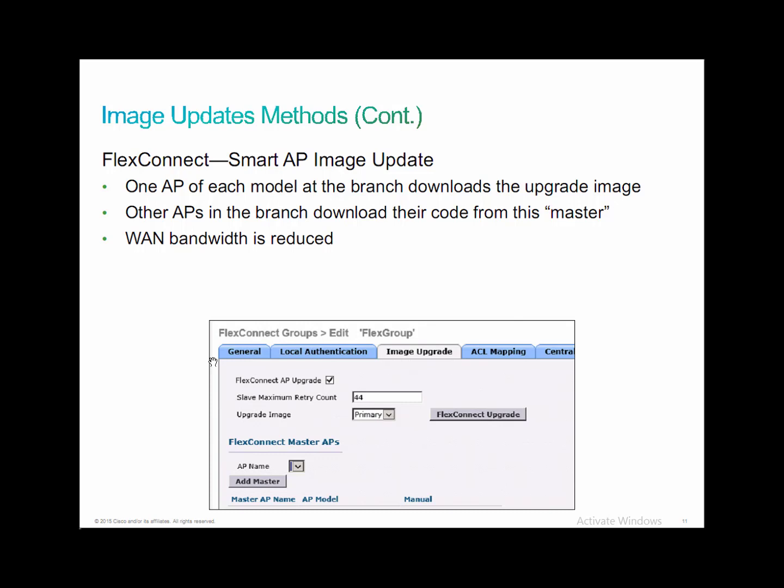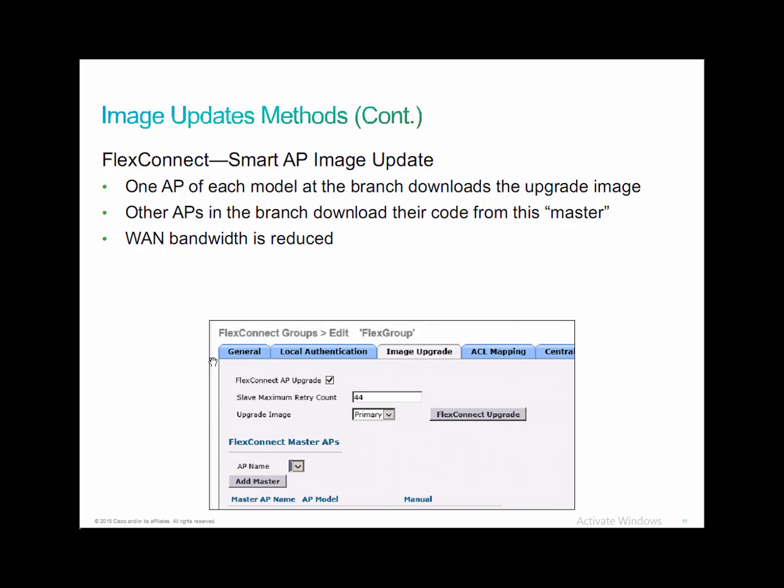That means if the slave AP cannot reach the master AP after this specific period, it's going to try and get the image from the wireless LAN controller over the WAN. Set the image upgrade to backup if you want this to be a backup image for the AP, or you can even set an image to a master AP, or establish which AP is the master AP.